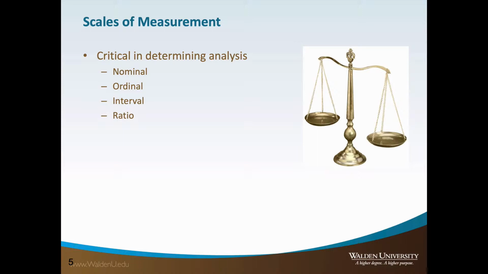Regardless of a variable or construct being measured, each currency has a scale of measurement, which is critical to understanding basic quantitative research. A nominal scale of measurement is a categorical measurement such as gender, where there are two categories, male and female. Another example of a nominal scale of measurement is marriage, where the respondent can answer yes or no. I'm sure you can think of other nominal measures.